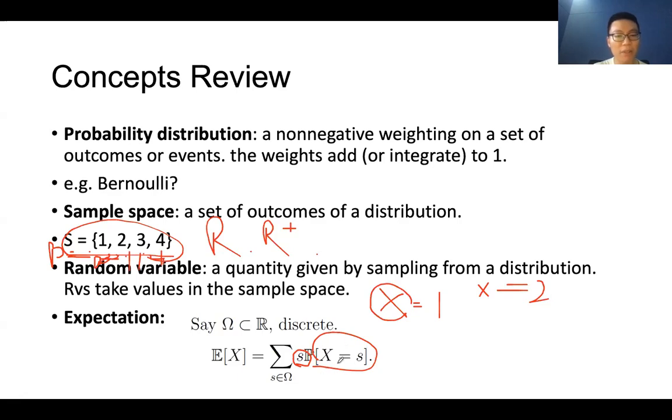Then you multiply those two and sum. That is called the expectation. So you compute 1 times its probability 1/4, and you add 2 times its associated probability, and you continue like this. That is called the expectation.